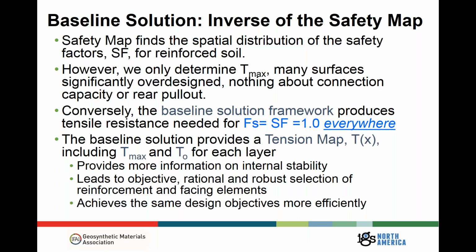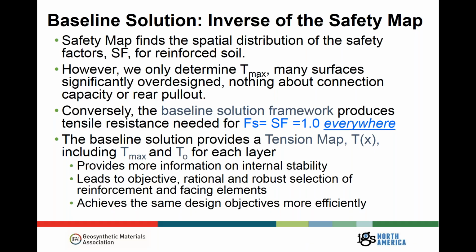And we determine the reinforcement load at the point of intersection of every surface with every layer of reinforcement that yields a safety factor of 1. It's an inverse problem. We can figure out what the tension there is that gives us a limit state condition. That's what we call the baseline solution. So the safety factor in this case is 1 everywhere.